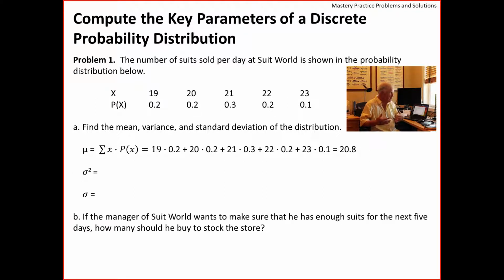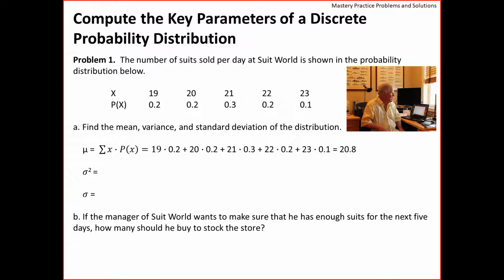So it's not quite flat. It's got 0.3 on 21, 0.1 on 23. But can you see that with those small variations, the average is some number close to 21, like 20.8? So it's good to develop a little feeling for things like that, so you can look at your answers and see if you're anywhere close.